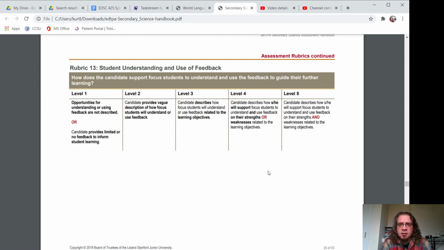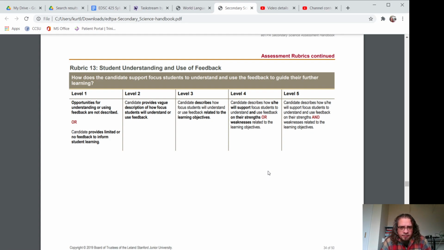Candidate describes how she or he will support focus students to understand and use feedback on their strengths and weaknesses related to learning objectives. So it's about you describing how you provide the supports for them to work on both their strengths and weaknesses, obviously in connection with the learning objectives. So all of that needs to be there very, very clearly.